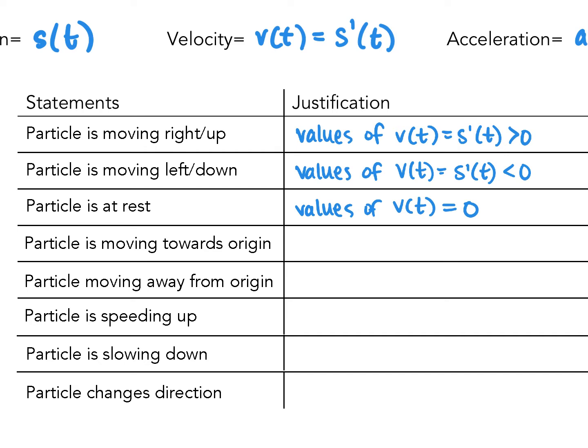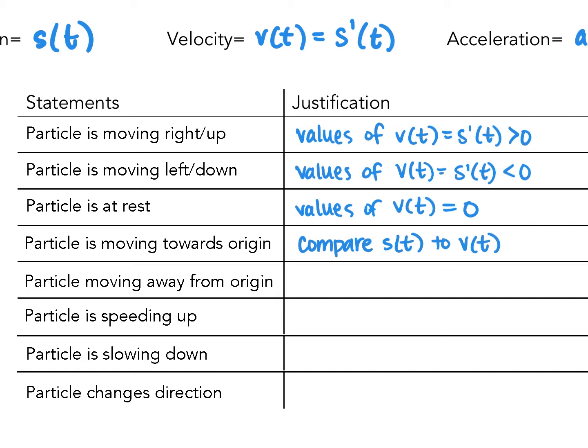All right, now how do you justify whether something is moving away or towards the origin? In that situation, you're going to want to make some charts that have a couple layers to the charts, a couple of rows. In movement away or towards the origin, you need to compare s of t to v of t.